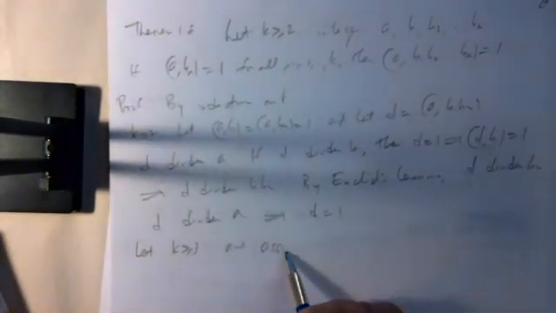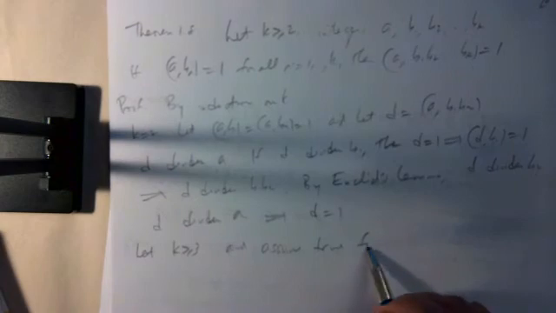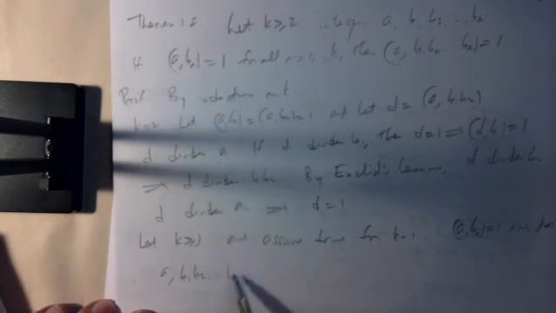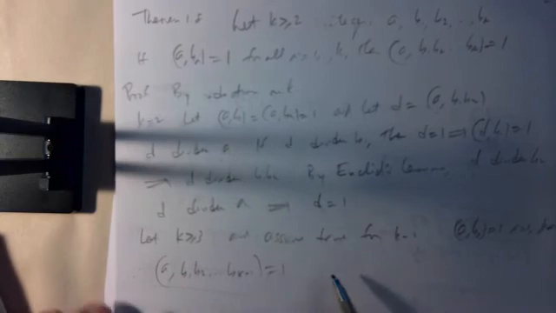So suppose we take a number K at least 3. This is again a proof by induction, and assume that the theorem is true whenever we have K minus 1 numbers. So what we know is that A and B_I are relatively prime for I going from 1 up to K. So in the case for K minus 1, we have that A and the product of these first K minus 1 numbers are relatively prime.